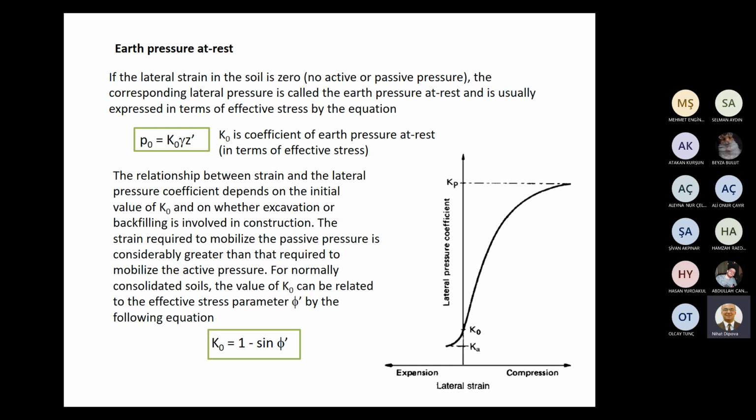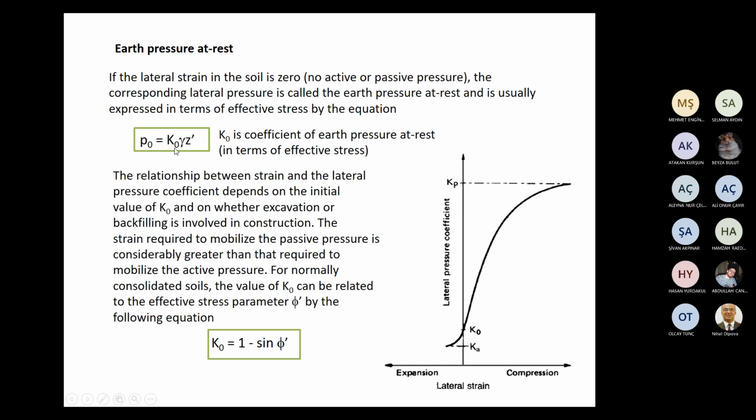If the lateral strain in the soil is zero, no active or no passive pressure, no expansion and no compression, the state of stress is called pressure at rest and usually expressed in terms of effective stress by this equation.